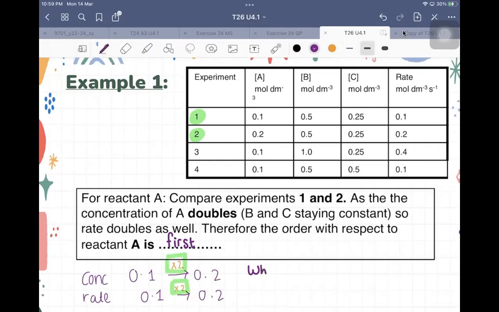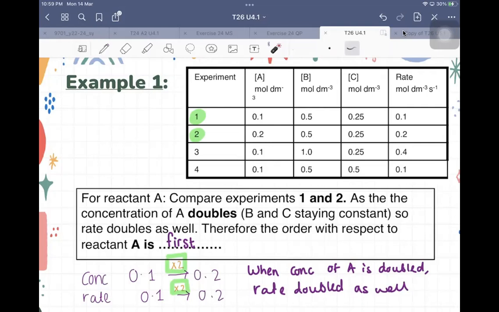When concentration of A is doubled, rate doubled as well, which is already written down for you in that box. But I think the most important thing for you is this working, to show that it is being multiplied by 2.